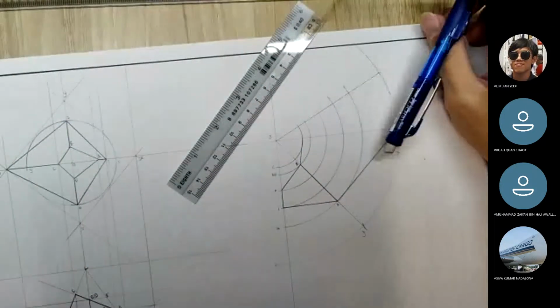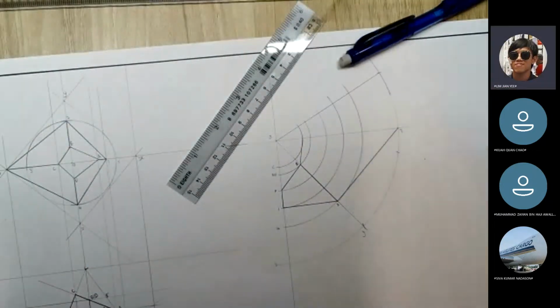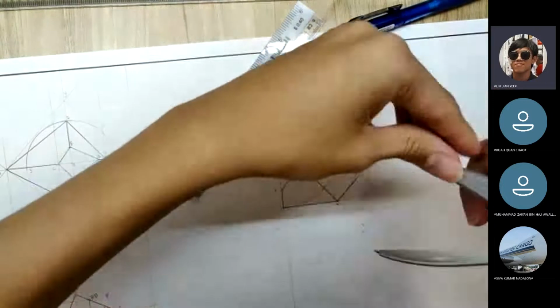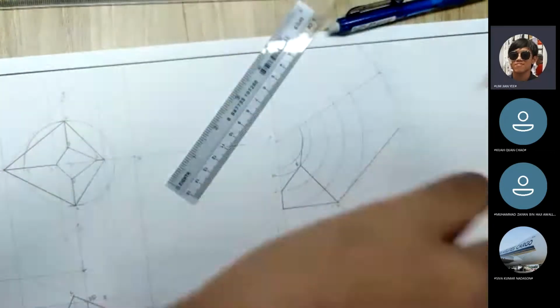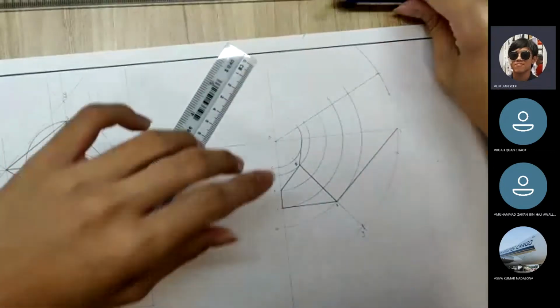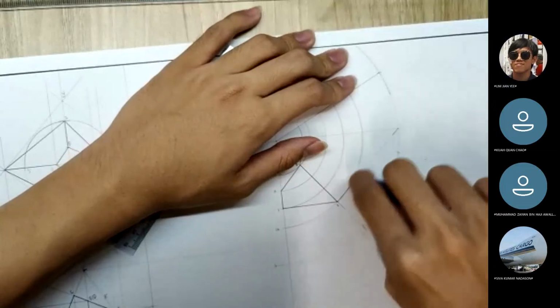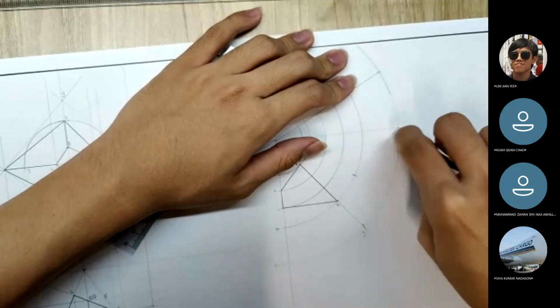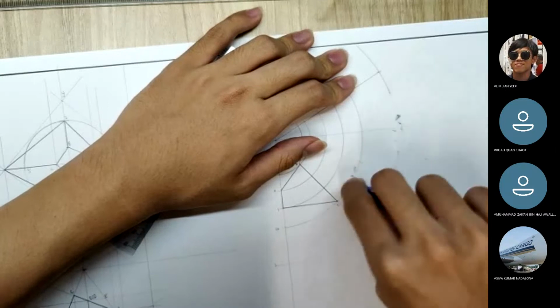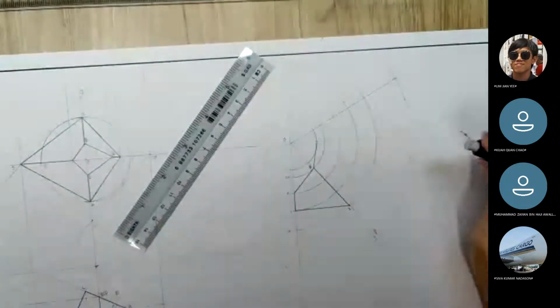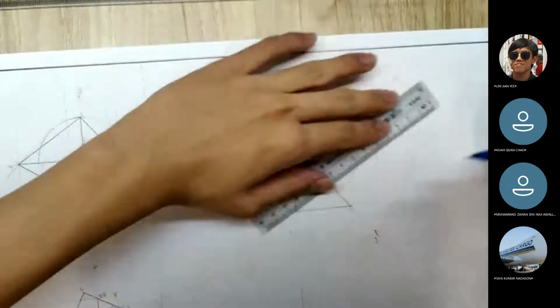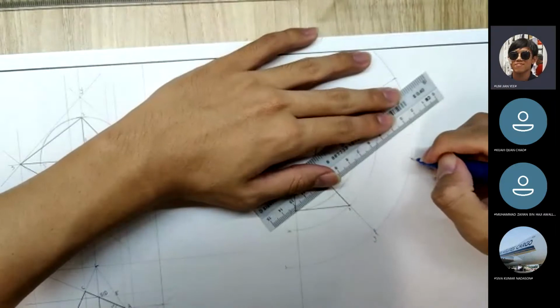Oh no, wrongly. Okay, this is not 3. Wrongly. Erase it. This is 3.